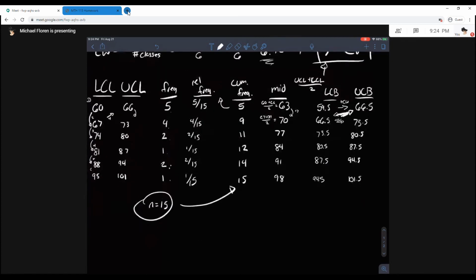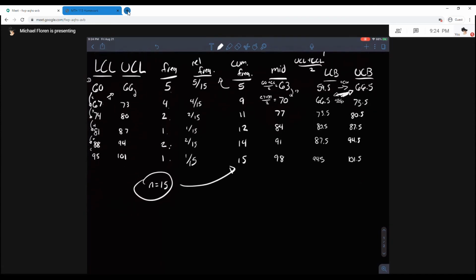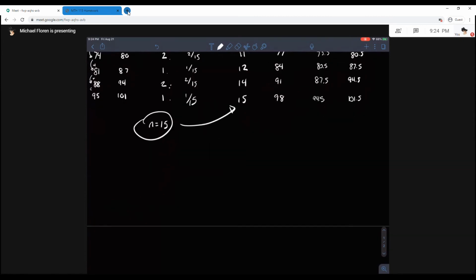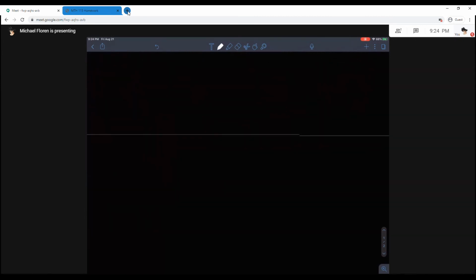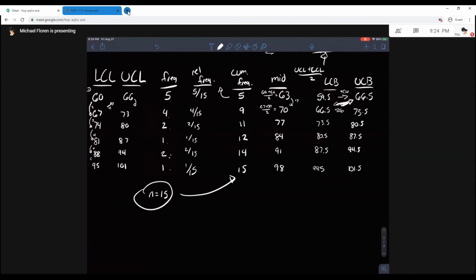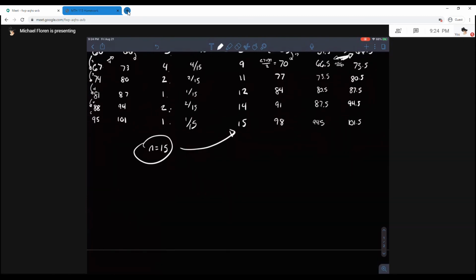All right, so with this information, I'm going to quickly draw out a few graphs. So maybe for fun, I'm not going to draw out all the possible graphs that I can, but maybe I'll try drawing a cumulative histogram. No. Let's just do ones that we would actually get.